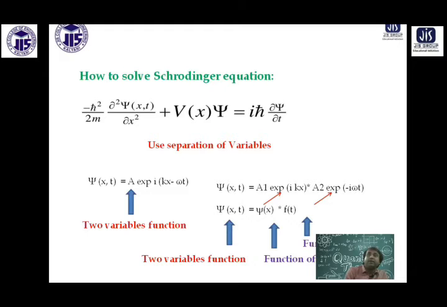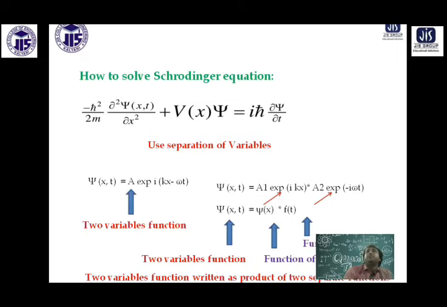So our next job is to replace the values of d2 psi dx2, d psi dt and psi in the Schrodinger equation in terms of the right hand side values, that is psi(x) and f(t).